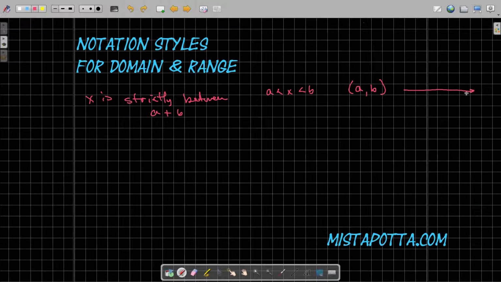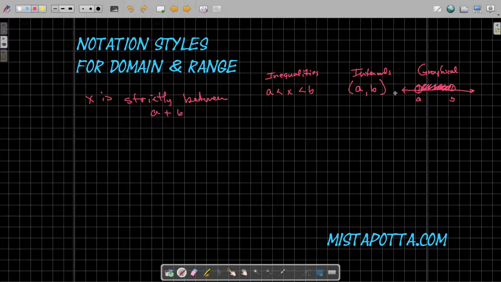Or on my number line, I can have a, b, circles, and shading the values in between. Or I could have several ways to list this out. It's just something to be aware of, that we often will be using either inequalities or intervals or graphical.